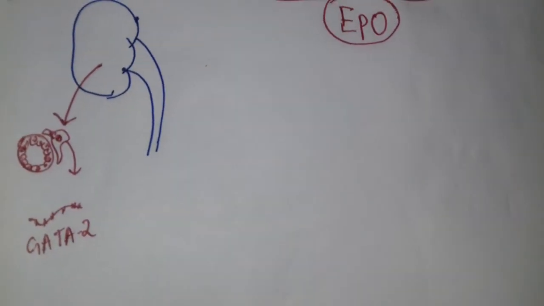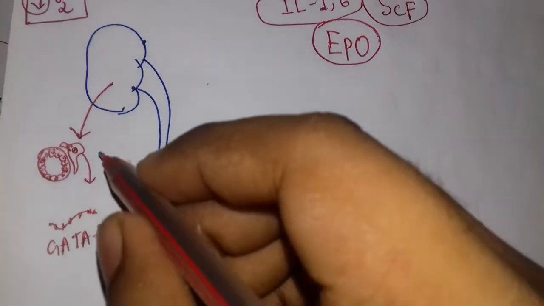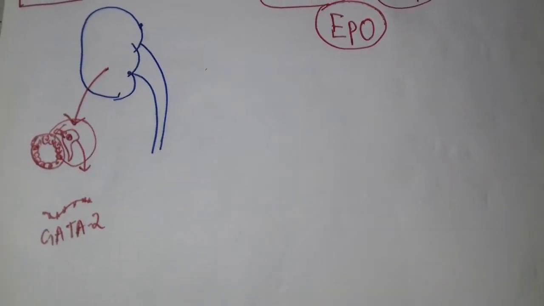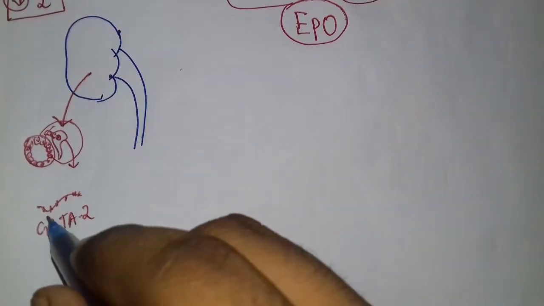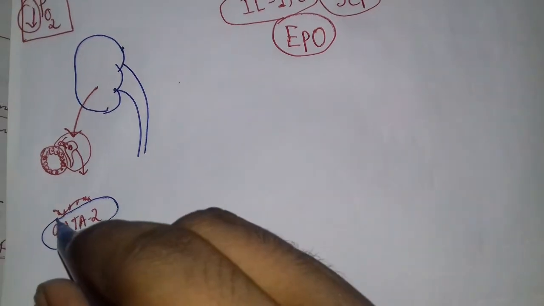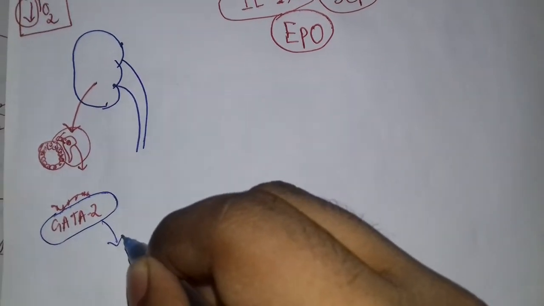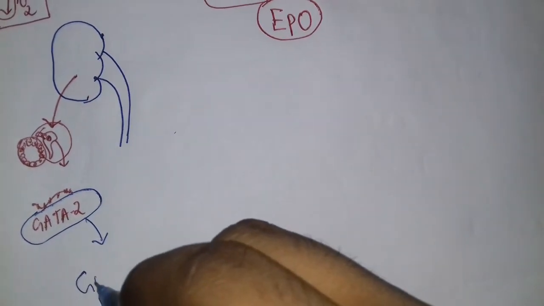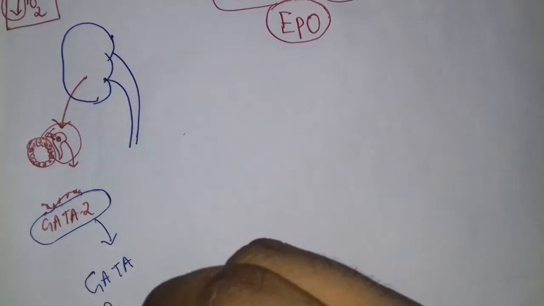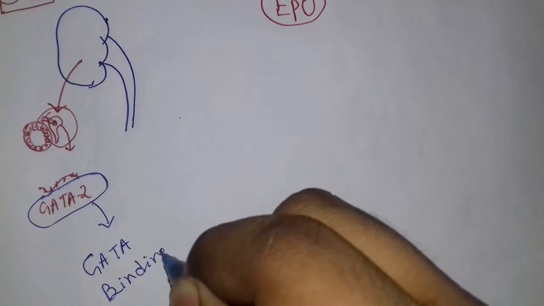So in the renal peritubular cell, in the nucleus, there is a gene known as GATA2. This produces GATA binding protein 2.